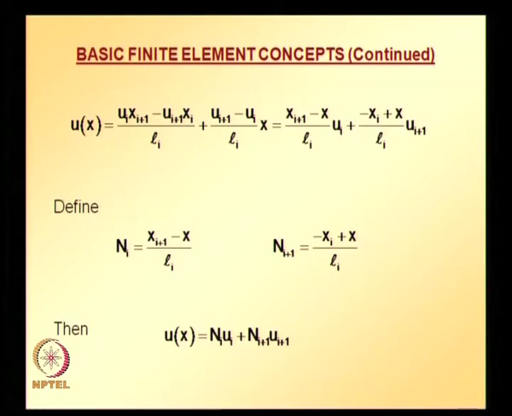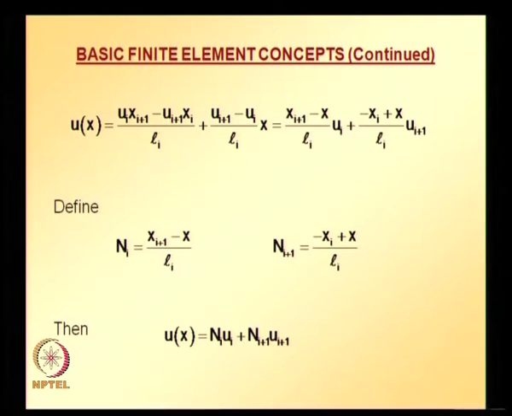If you look at this equation carefully, earlier where a naught was there, in that position you now have ui, and where a1 was there, in that position you now have ui plus 1.